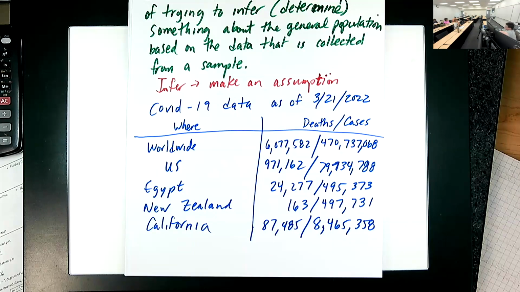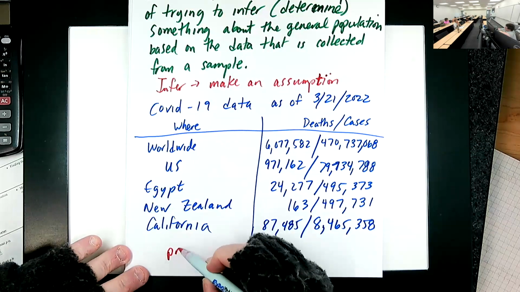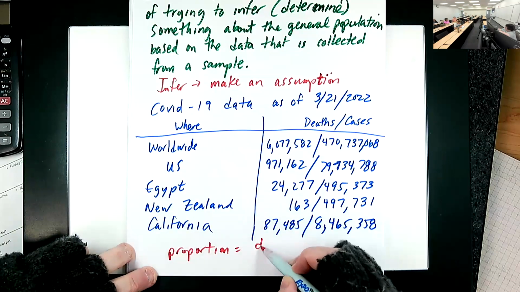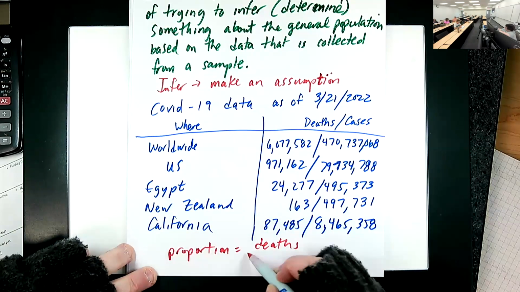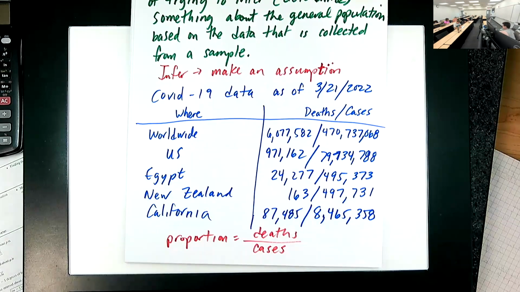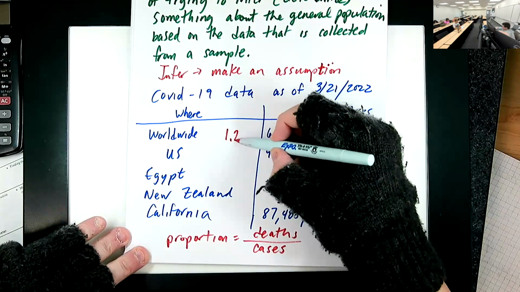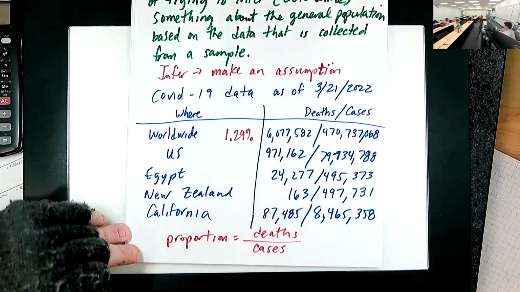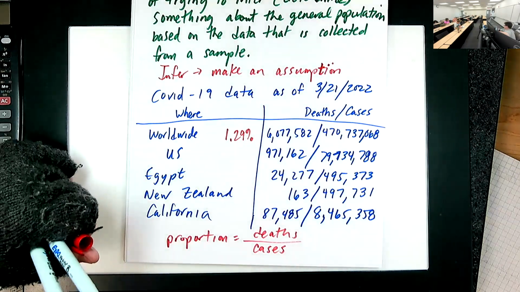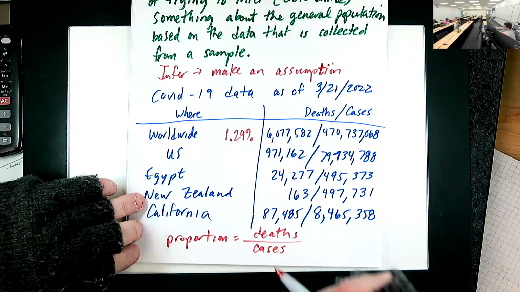But if I look at the proportion of deaths, so we're going to treat our proportion as deaths to cases. Deaths versus cases. How many people actually died if they got sick? Worldwide, this was 1.29%. In the US, we were actually a little bit better than worldwide.